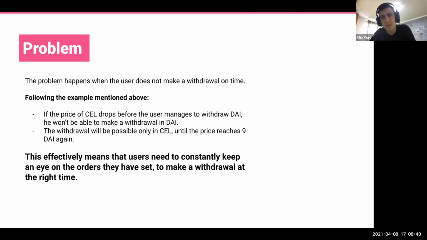The user missed the opportunity to sell their CEL, and who knows when the opportunity is going to come back.